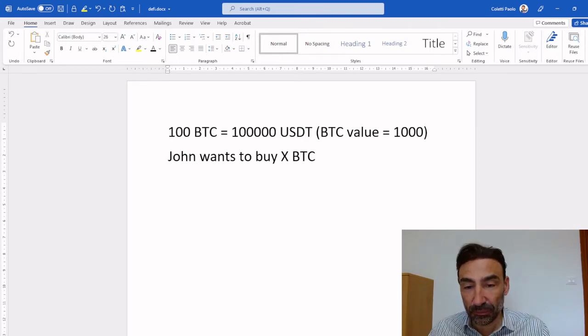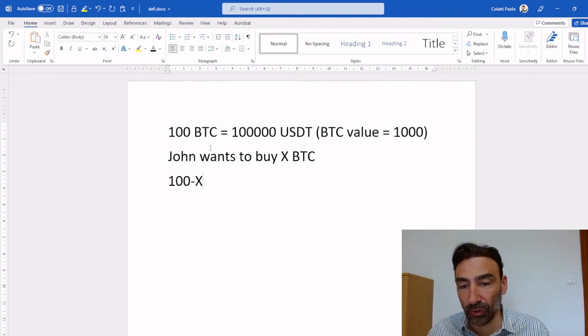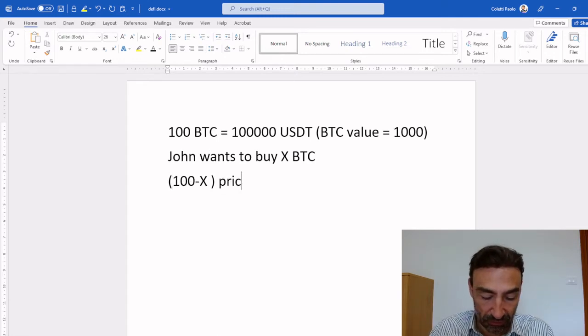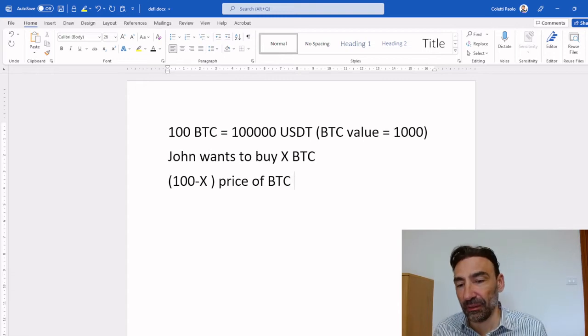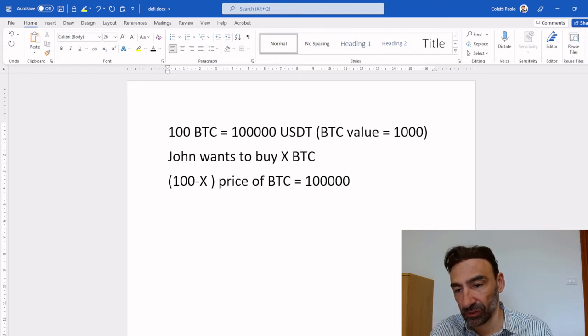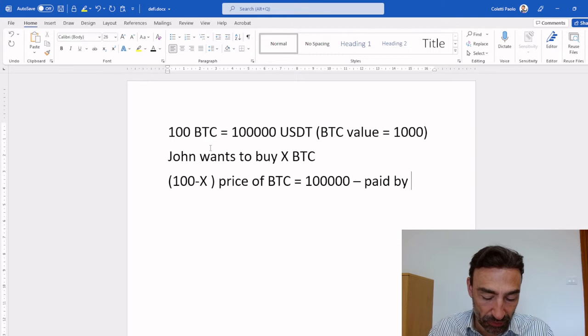The price is determined in this way: 100 minus X, which is the remaining quantity of Bitcoin, multiplied by the price of Bitcoin, and with the price, I mean the price of Bitcoin with respect to the other currency, USDT, is equal to 100,000 minus what is paid by John.